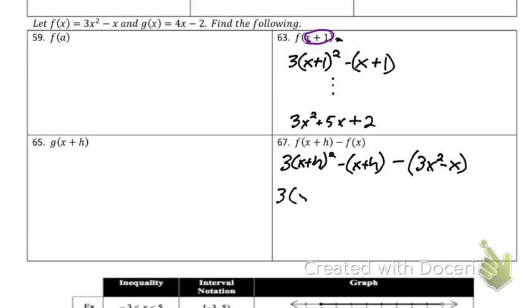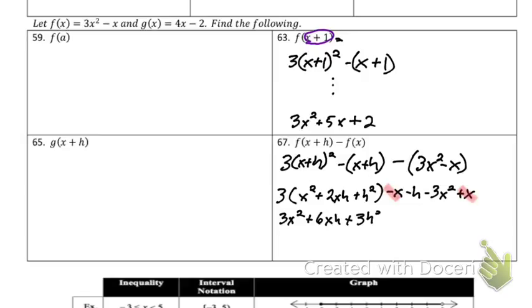Then we'd have 3 times (x squared plus 2xh plus h squared). Distribute the negative: negative x minus h minus 3x squared plus x. I'm going to notice that this and this are going to cancel out. Now when I distribute that 3, I'm going to have 3x squared plus 6xh plus 3h squared.